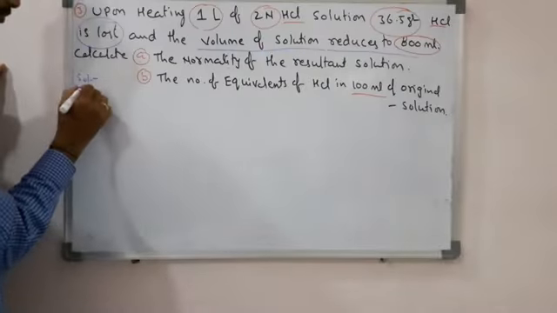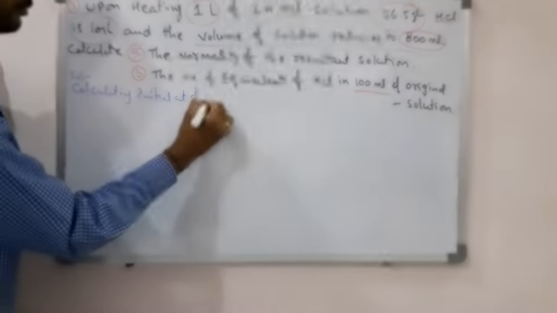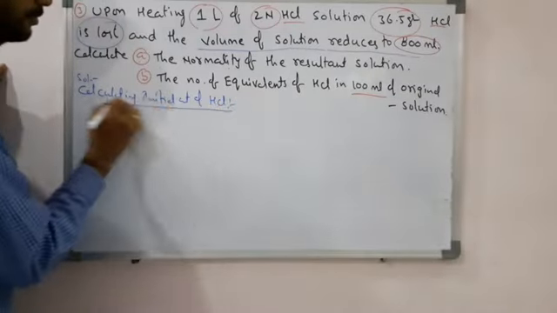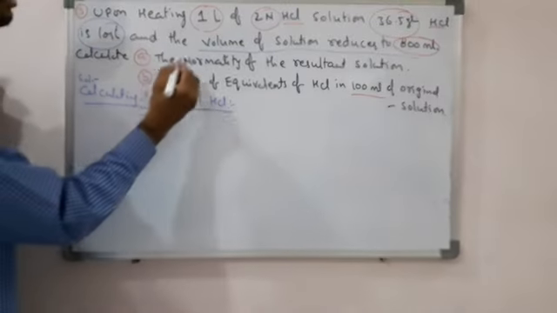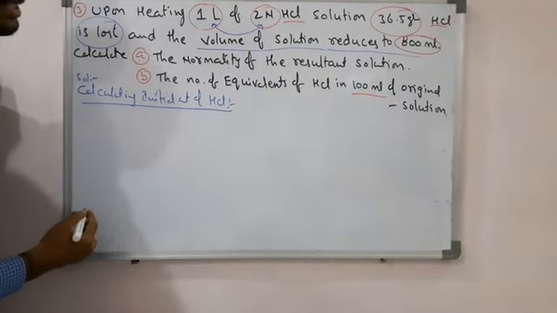Before doing these calculations, we must calculate the initial weight of HCl. So what is the initial solution? 1 liter of 2N solution.